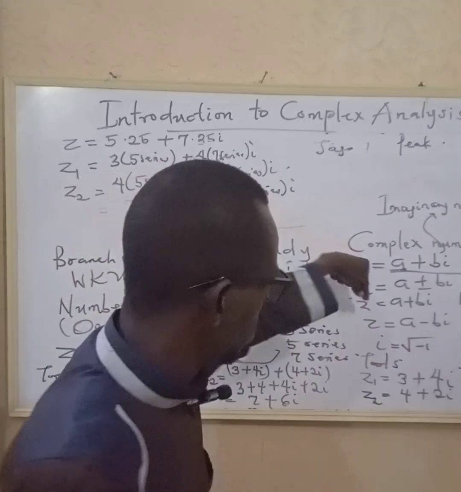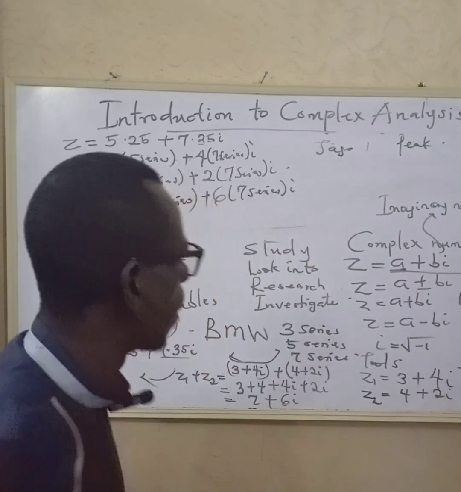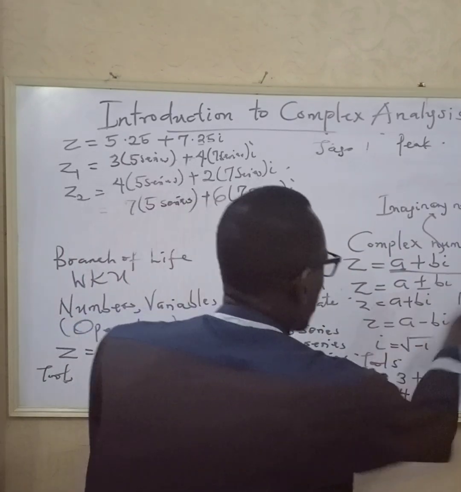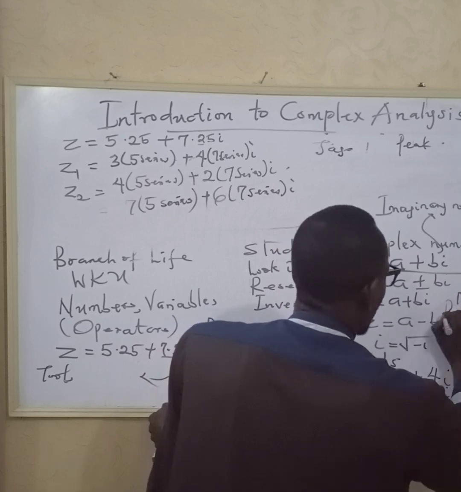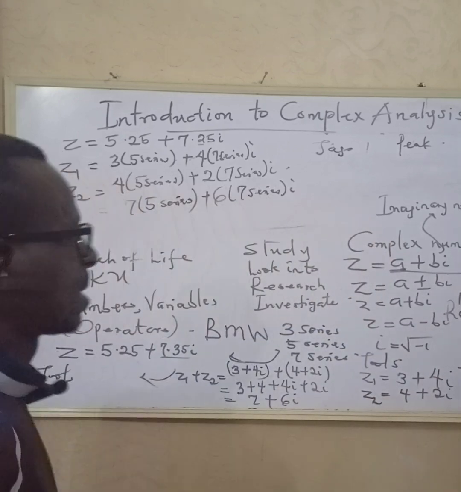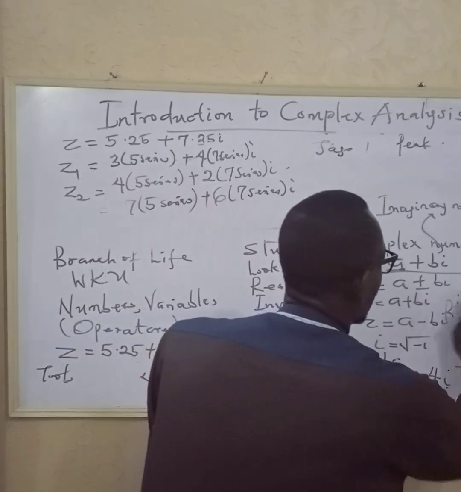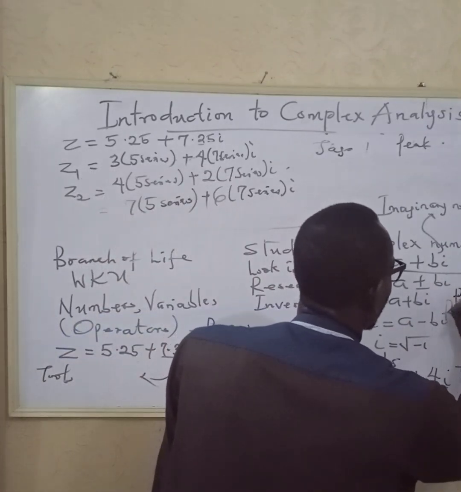But going back to the complex number, the real part of Z is represented also as the real of Z. That is the real number, the real part. You can call it the real part.